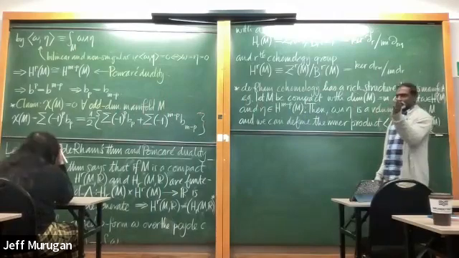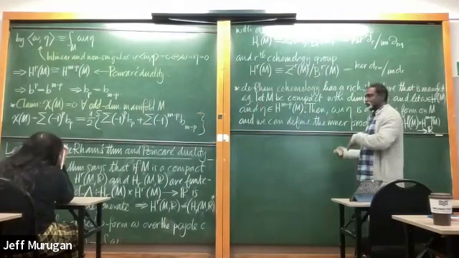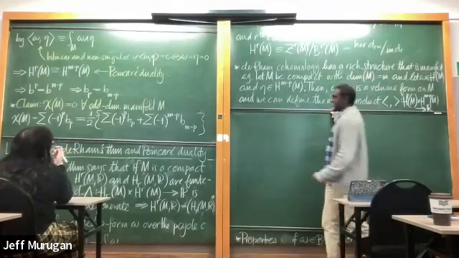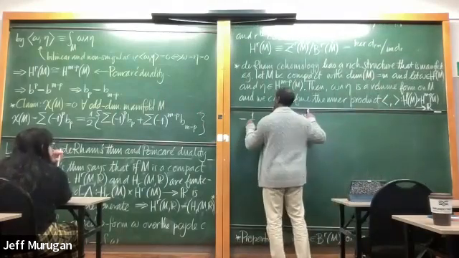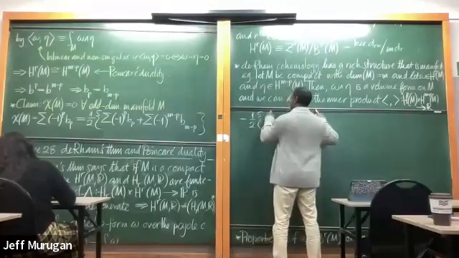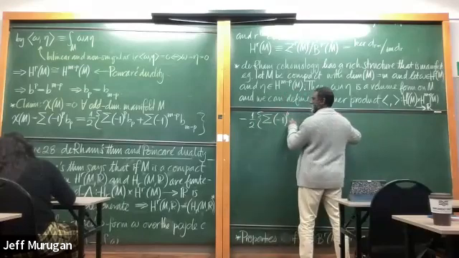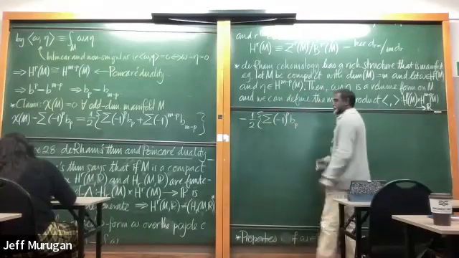So all I've done is take that same series, written out once backwards, once forwards, because I've added the same thing twice. I divided by 2. So that's a half sum of (-1)^p b_p.